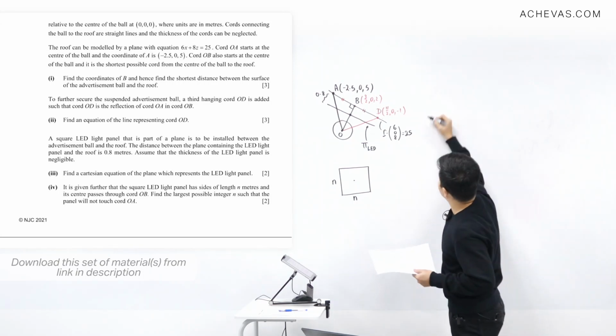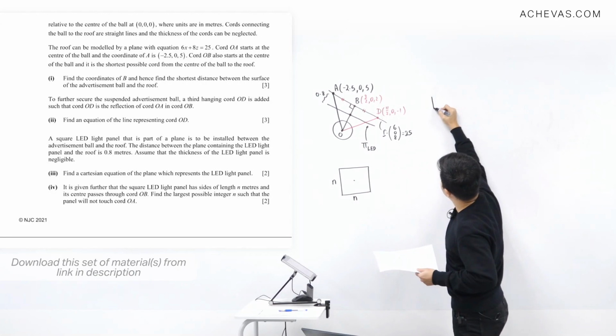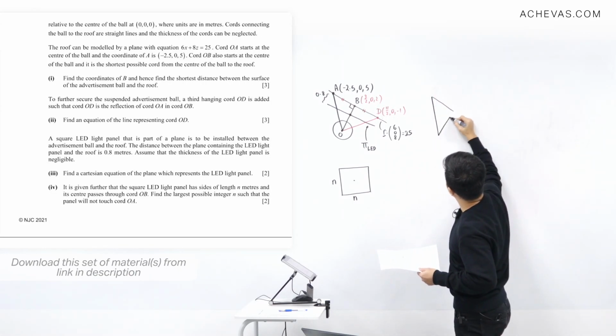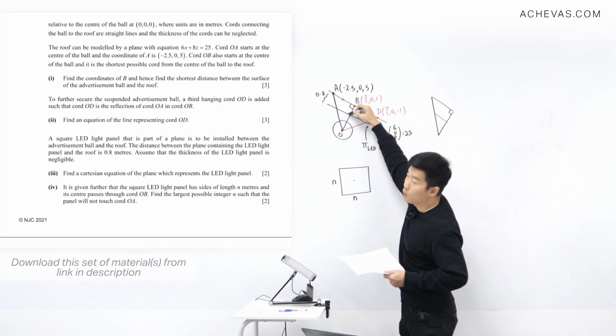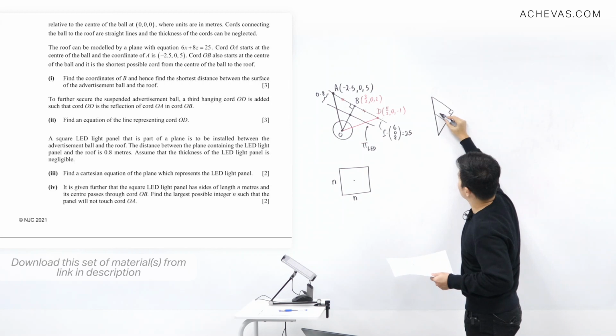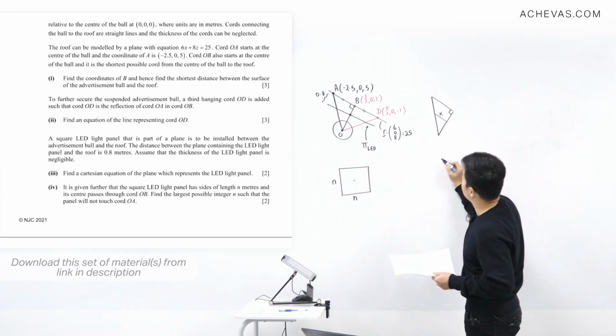So I'm making use of this particular triangle here, and I'm interested in finding out what exactly this length is. Let it be x, so I'm going to try to find x.